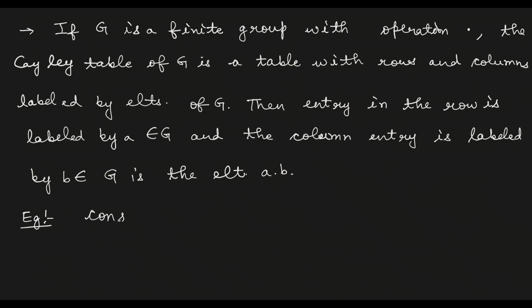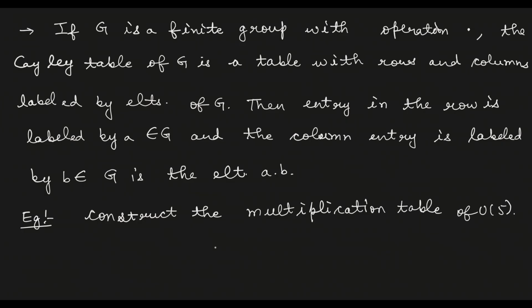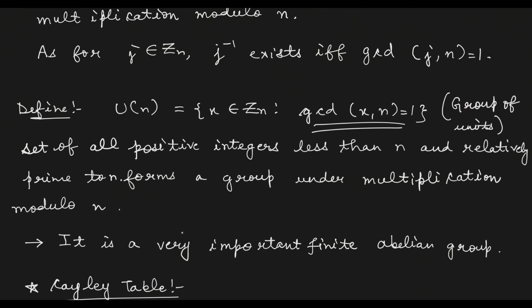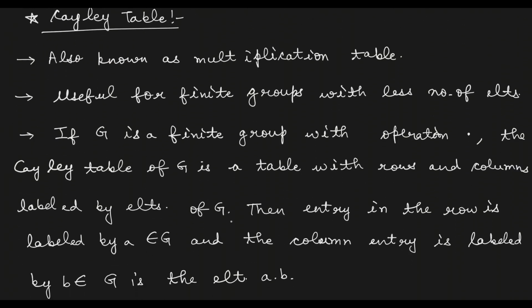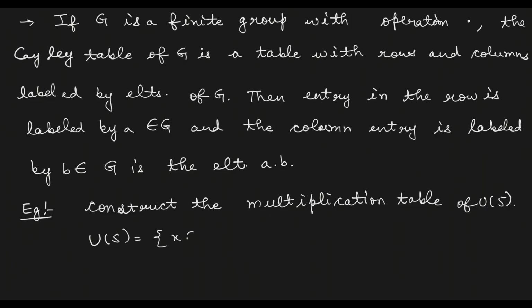For example, construct the multiplication table or Cayley table of U5. So U5 means, by this definition, x belongs to Z5 such that GCD of x comma n, and here n is 5, is 1.